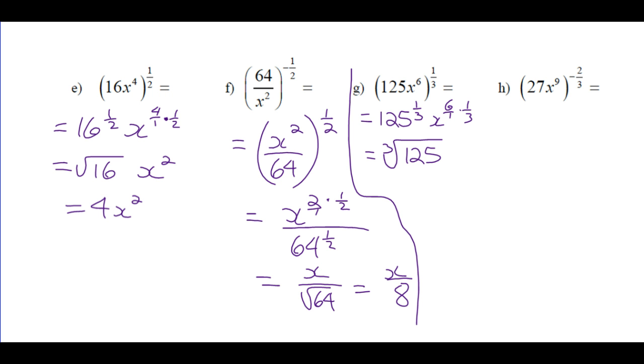Okay, power of 1/3 is a cube root. And then we're not raising it to any power after that, right? We're taking the cube root, but we're not doing any power. 6 over 3 is 2. Cube root of 125 is 5. We get 5x squared.